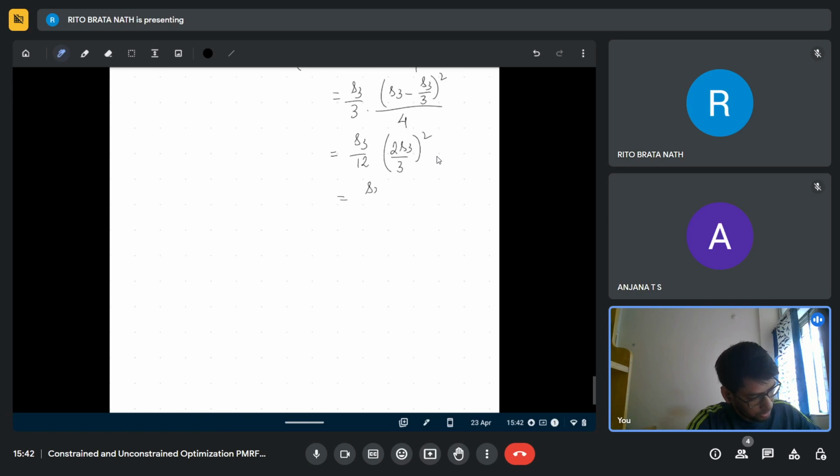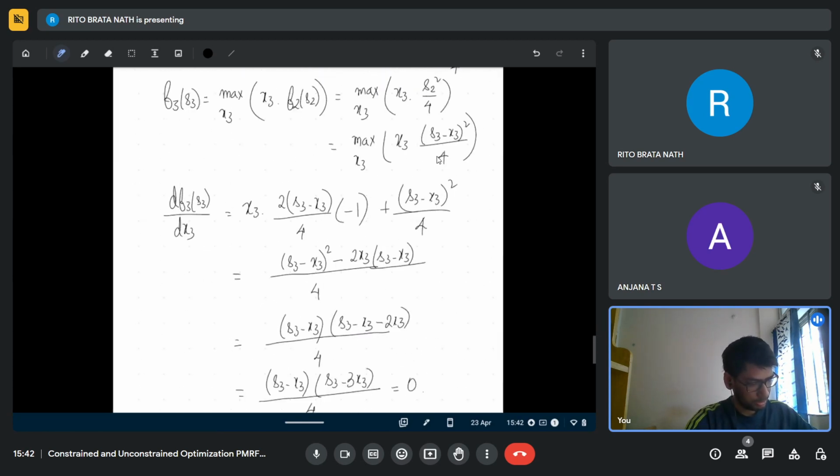So this gives you s3 by 12 and then 4 s3 squared by 9. So this gives you s3 cubed by 27. Okay, hope I have done this correctly.